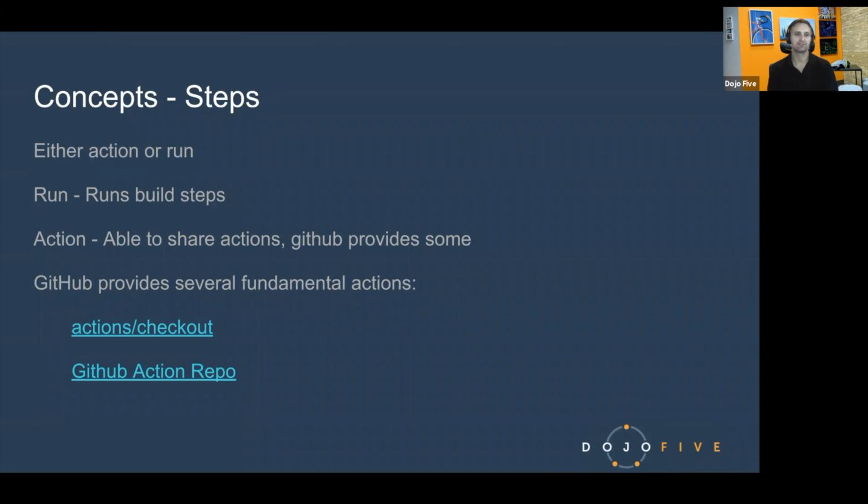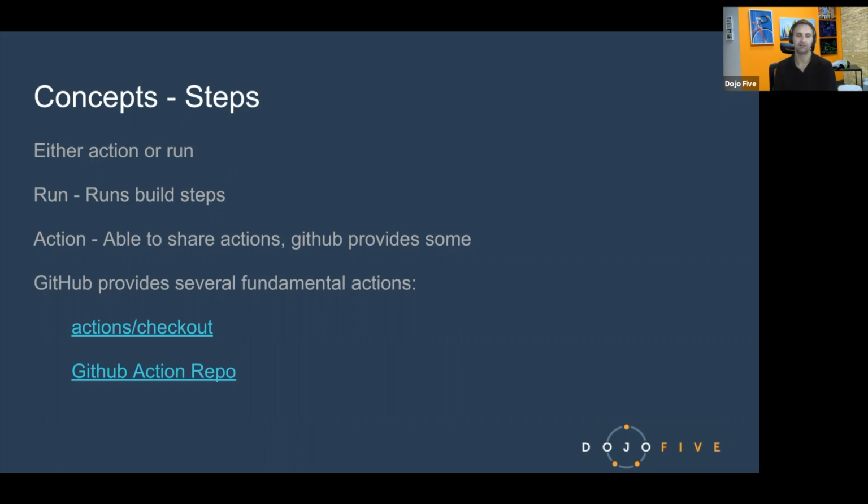And then steps. So either action or run, as we mentioned, runs just build steps. Actions, you're able to share actions and GitHub provides some, but they basically encapsulate. It's almost like calling a function. It has inputs, it has outputs, and GitHub provides some. Things as simple as checkout or uploading artifacts, downloading artifacts for sequential types of builds.